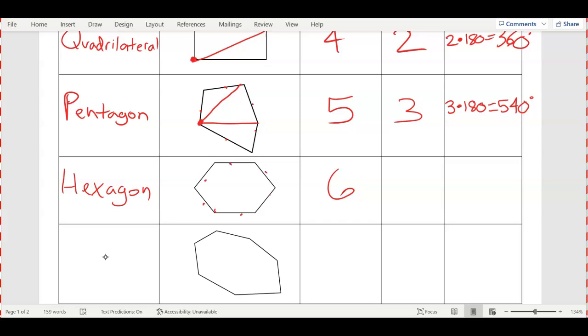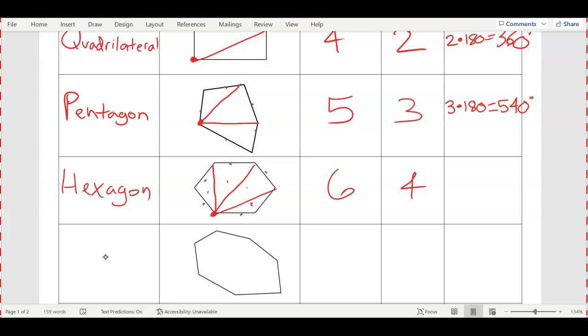And let's pick a vertex and draw all of my diagonals. 1, 2, 3. How many triangles do we got? 4 triangles, okay?